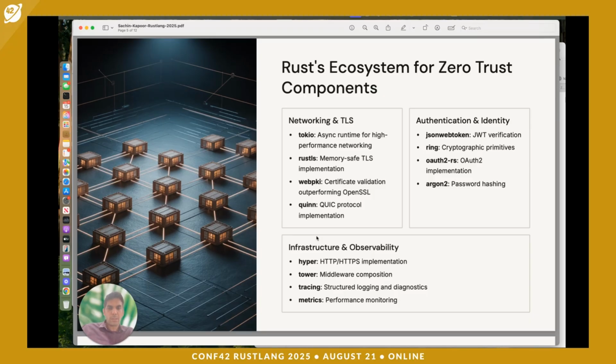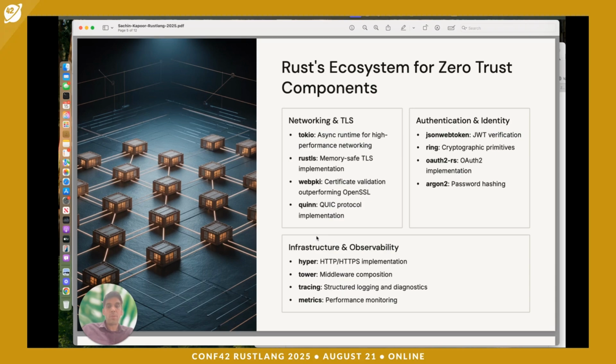Tokio, Rustls, WebPKI, and Quinn help developers build secure channel implementations with high performance and memory-safe TLS implementations. On the authentication and identity side, ring and Argon2 provide the primitives for strong authentication. JSON Web Token and oauth2-rs components help build industry standard authentication mechanisms with ease.